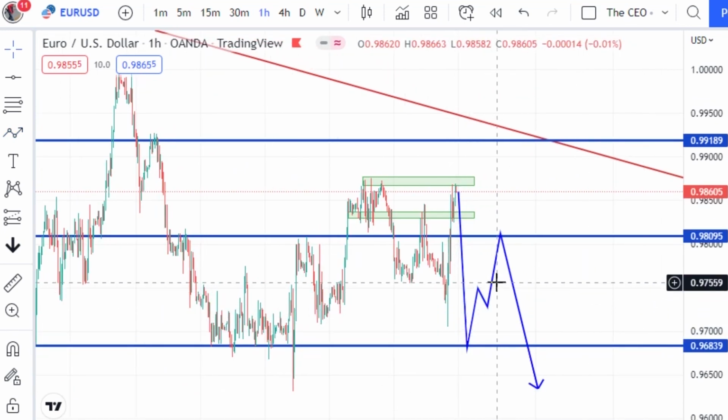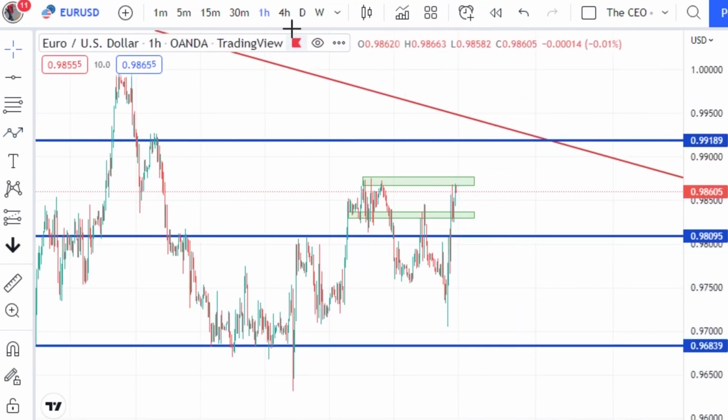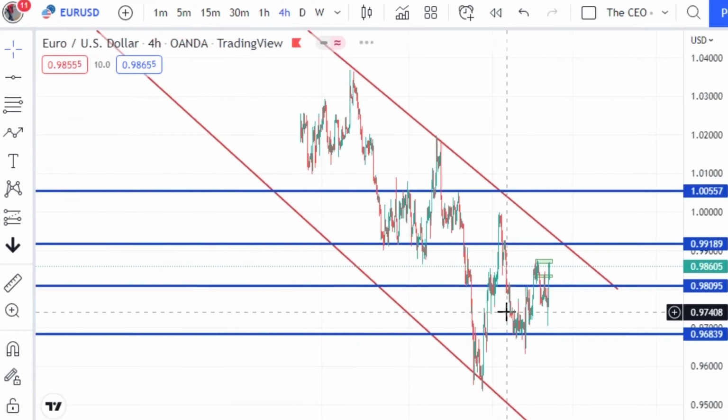On a structure like this, it's always difficult for the market to just reverse.